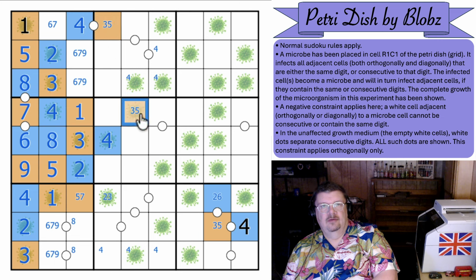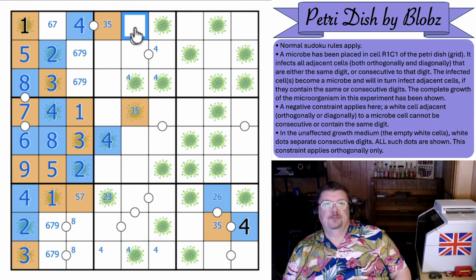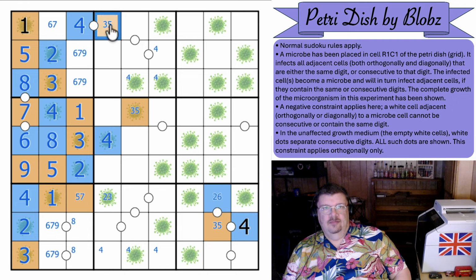That's a 5. And so now, one of those is a 6, and the other one is a 7. Because it couldn't be a 5, because 5 would be there. Okay, if this is 4, that's 3, that's 2. That makes that 5, and also makes that 5.